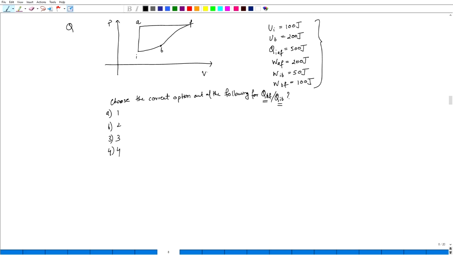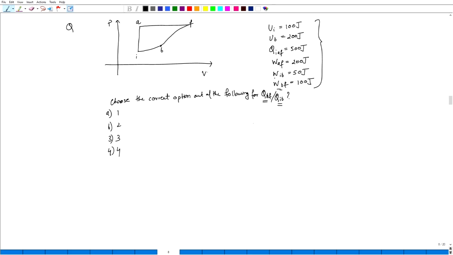I need UBF and UIB for sure, because I know WIB and WBF. By applying the first law of thermodynamics, I will get QBF and QIB. So basically what I don't have is UBF and UIB.